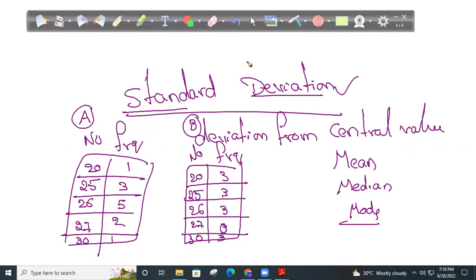Students, whatever you feel like, you type. Which has more standard deviation? Whatever you feel like. Very good.